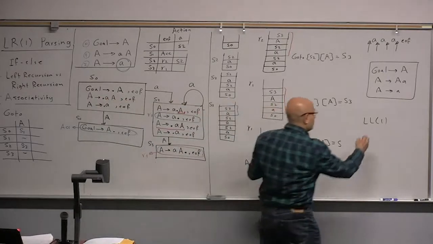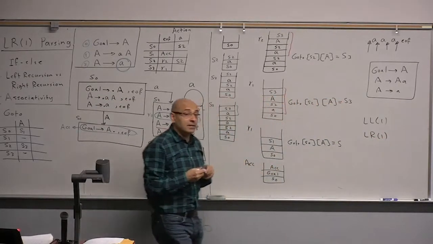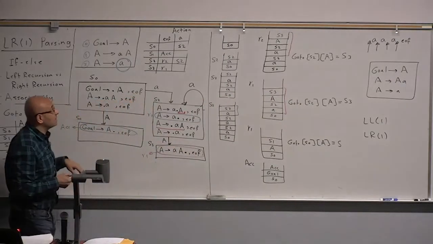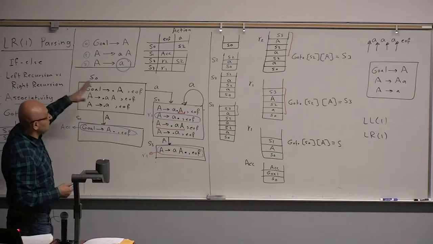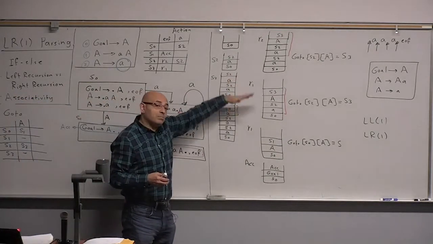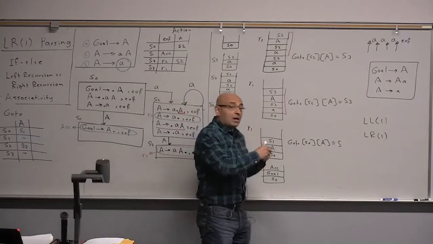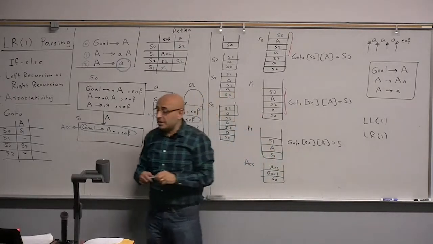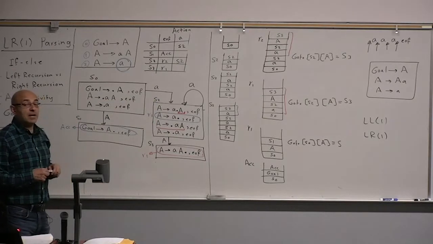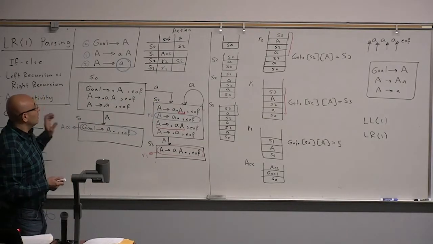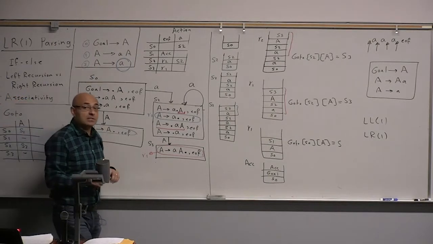LR1 parsing can do both, left recursive and right recursive, but with the right recursive ones it has this stack problem. It may do a lot of shifting, and it may make the stack grow really big. You can have a really big stack when you apply LR1 parsing to a right recursive grammar. This is the point.